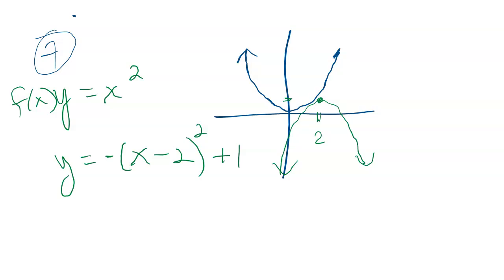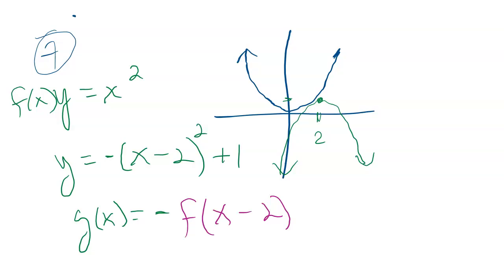To get g of x, what do you have to do with it? So g of x is going to be f of x flipped, moved over 2 to the right and up 1 unit, which turns out to be b, I hope.